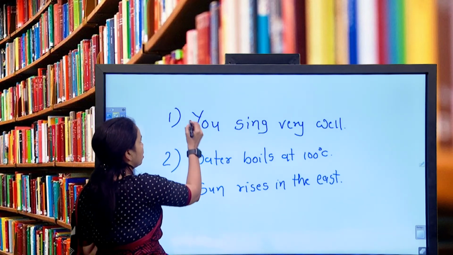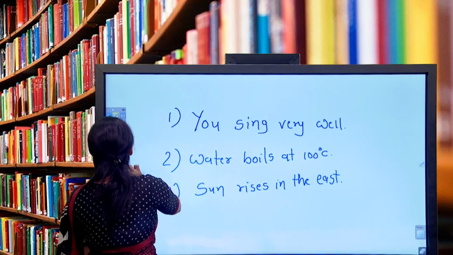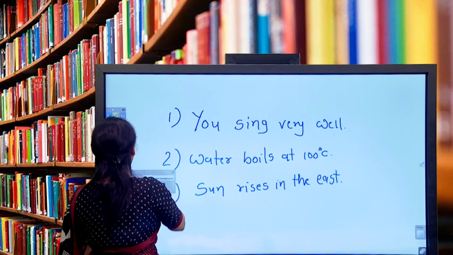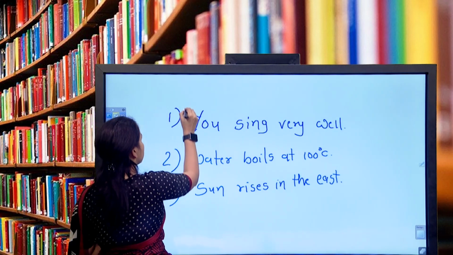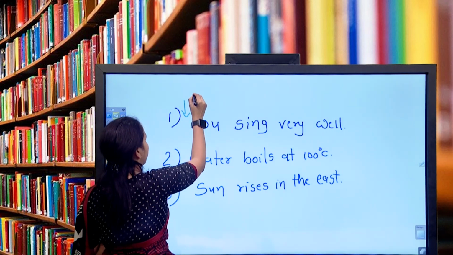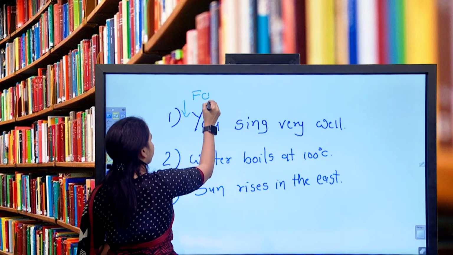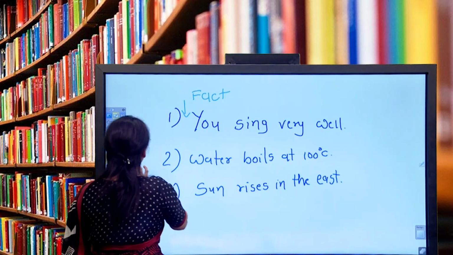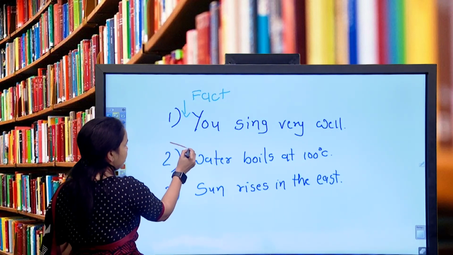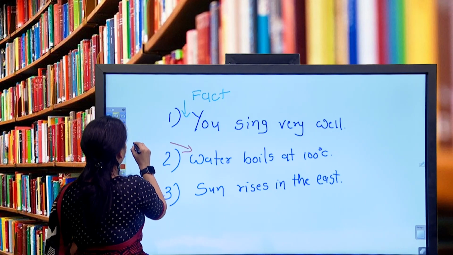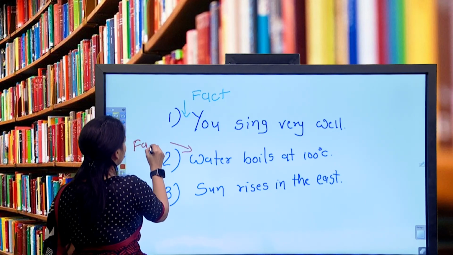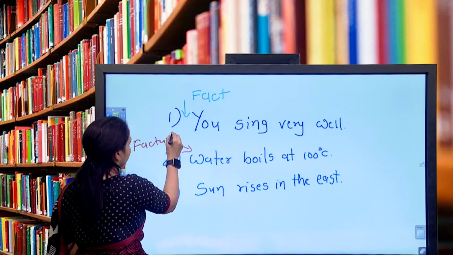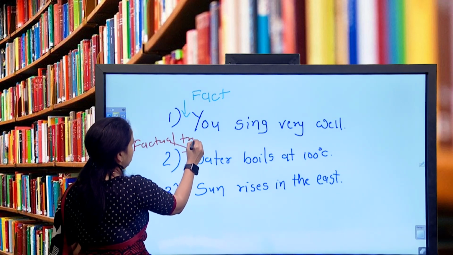Why? Because it shows, first sentence shows fact, second sentence also factual truth, it shows factual truth.